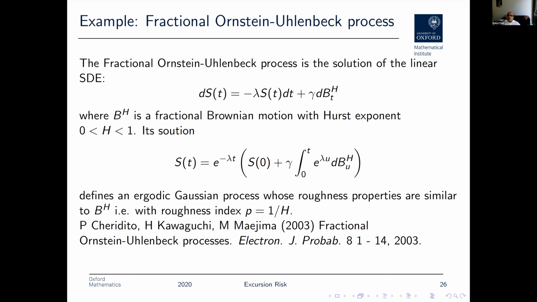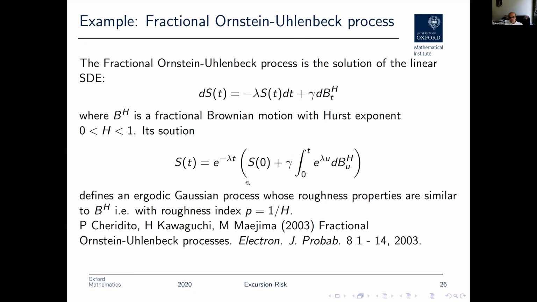So a model that is more often used in finance is the fractional Ornstein-Uhlenbeck process, which is the solution of a linear stochastic differential equation driven by fractional Brownian motion. So it's the same form as an Ornstein-Uhlenbeck, except that you replace the Wiener process by fractional Brownian motion with Hurst index H.